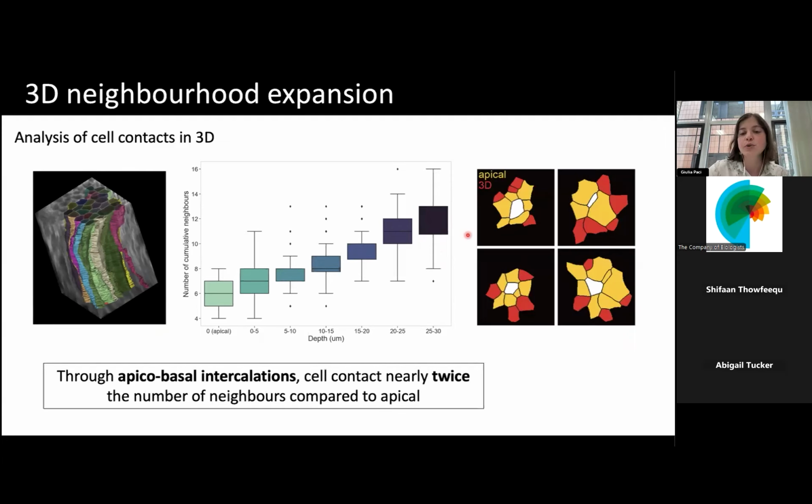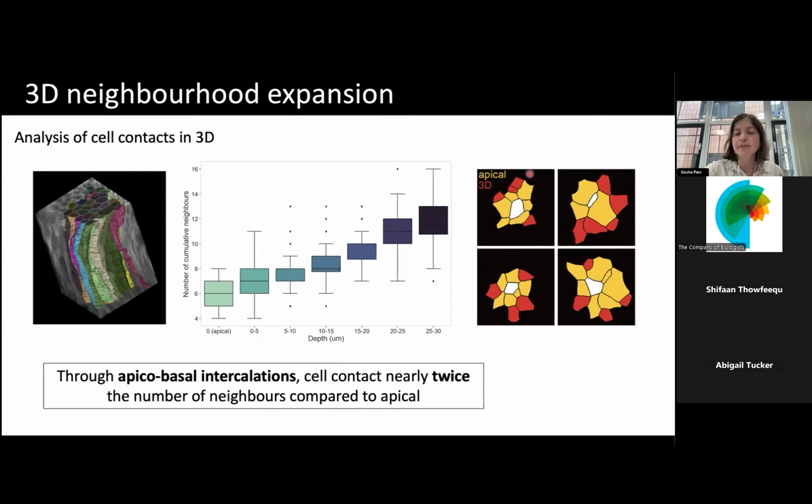And I think it's also nicely displayed with this type of graphic where I'm highlighting a central cell and its apical neighbors in orange. And then what you can see in red are all the additional cells which deeper down in the tissue will become neighbors of the central white cell.